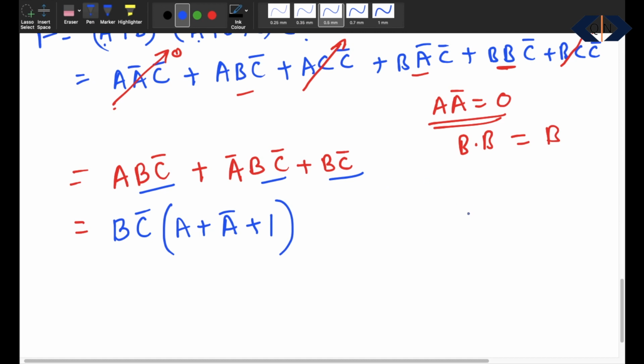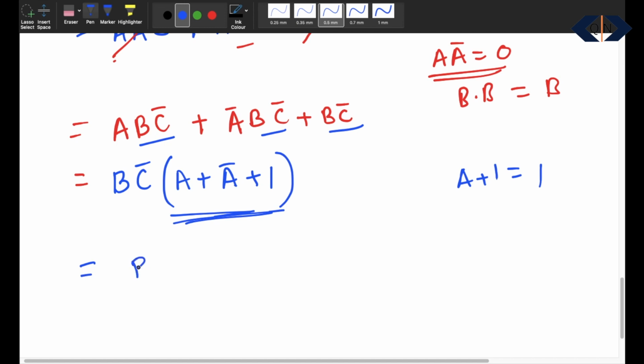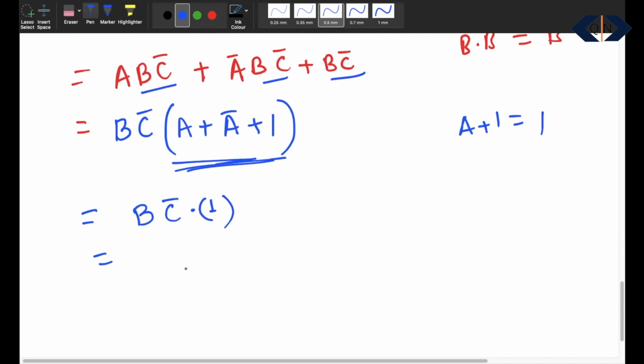As we know that A plus 1 is always equal to 1, we can optimize it to 1, and our final result will be B C bar into 1, which is equal to B C bar, right?